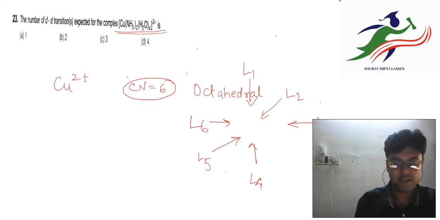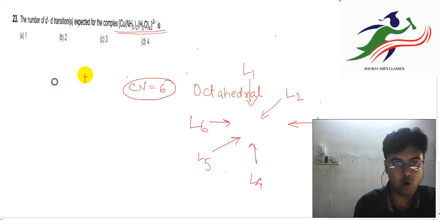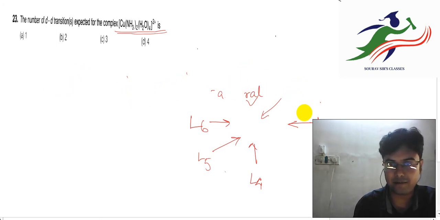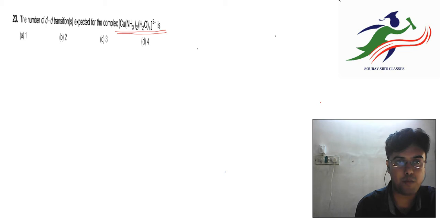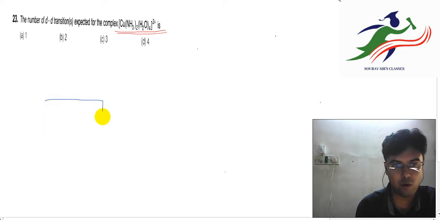Okay, so let's draw the CFT diagram after the d splitting. Before splitting, all the 5 d orbitals have the same energy.